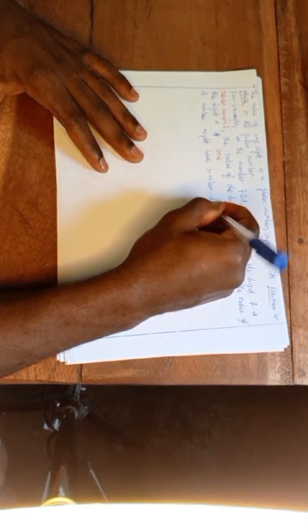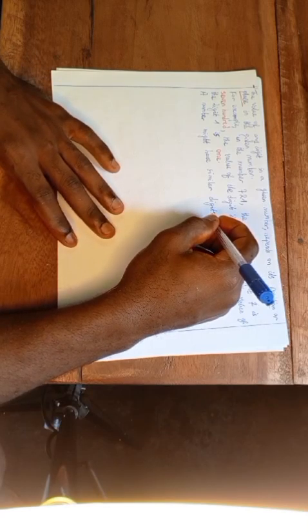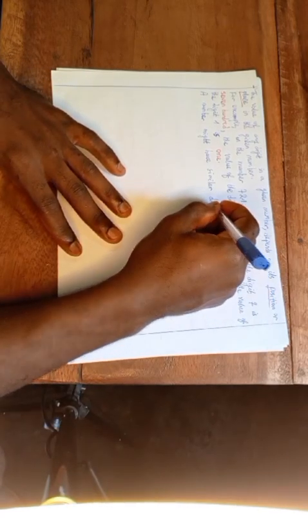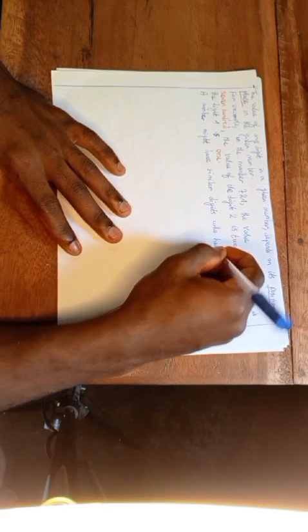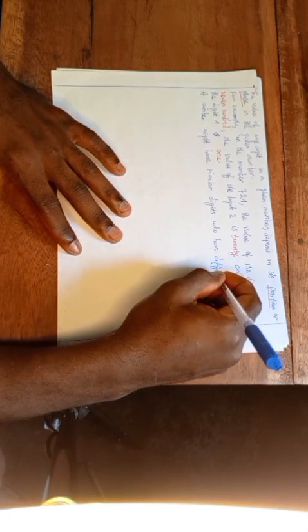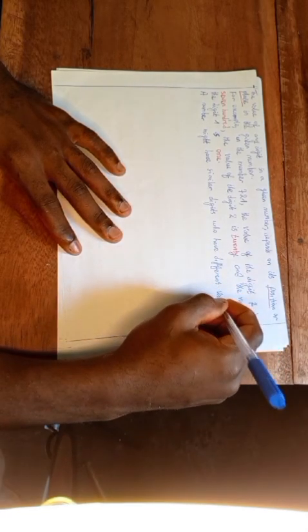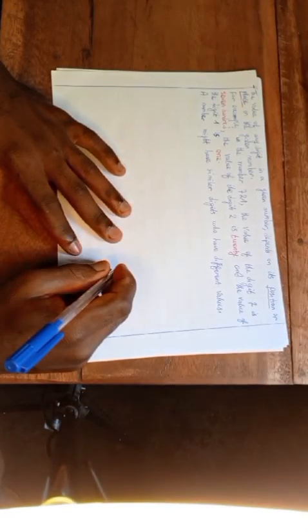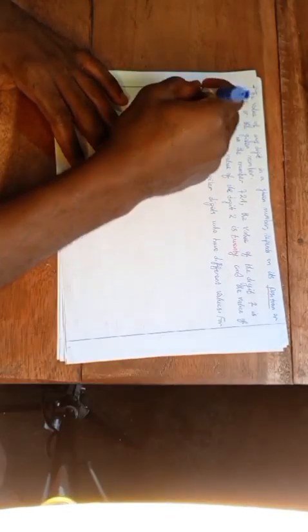Next, a number might have similar digits who have different values.